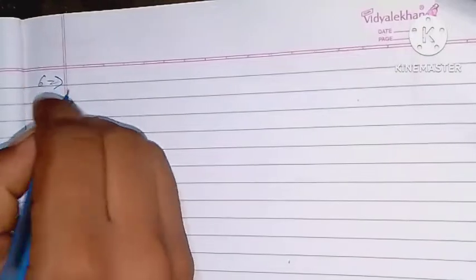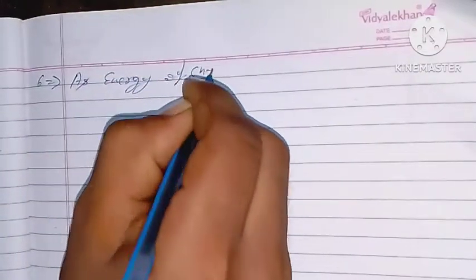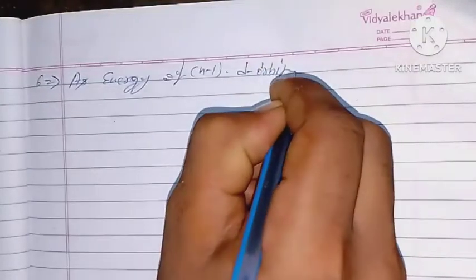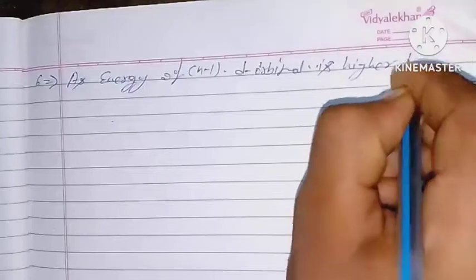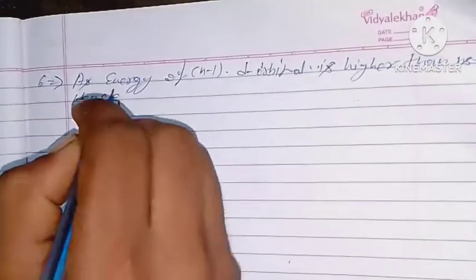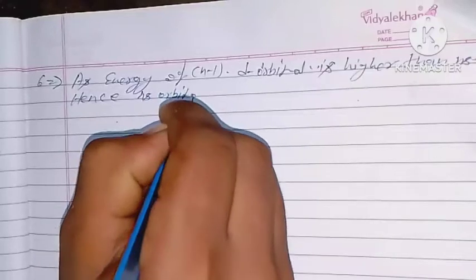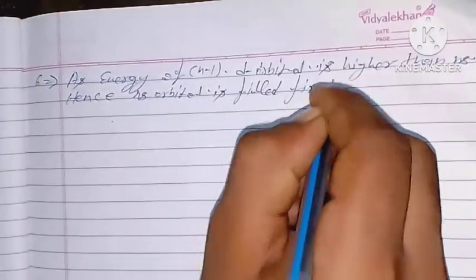Sixth point: as the energy of the (n-1)d orbital is higher than ns, hence the ns orbital is filled first.